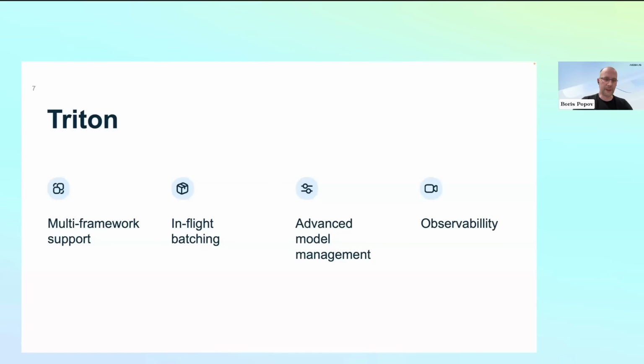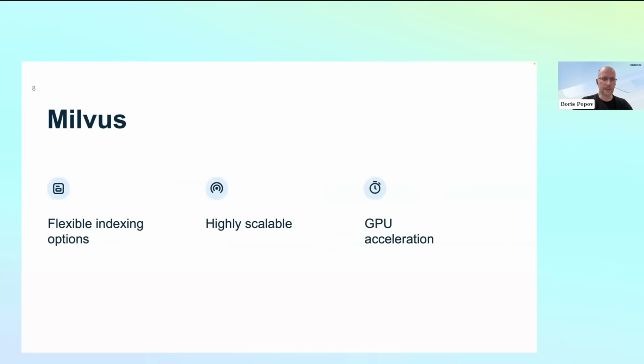And then for the vector database, in this example, we will be using Milvus. Milvus is designed specifically for handling vector similarity searches at scale, crucial for applications like image retrieval, face recognition, recommendation systems, and so on. It supports multiple index types, and it's highly scalable.